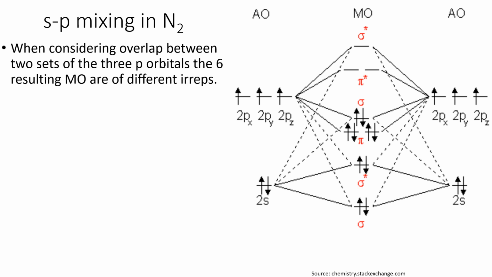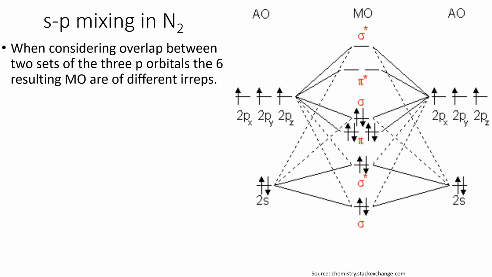And so just reiterating this point, when we were looking at the oxygen case, we only considered the 3 2p orbitals at the top, just giving us a sigma and 2 pi's. But now, in the case of nitrogen, we're also mixing the 2s's in there as well. When we had the 3 2p orbitals on each atom interacting, we got a total of 6 molecular orbitals out.